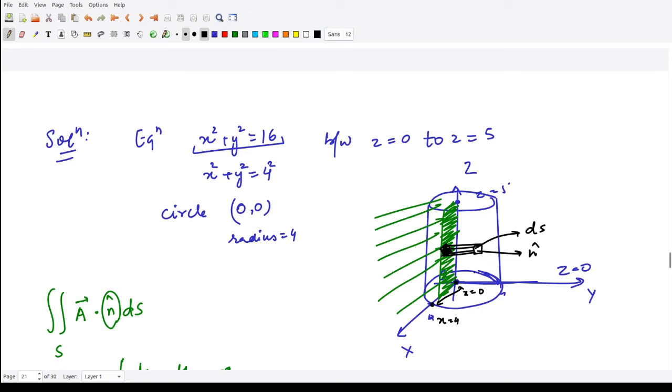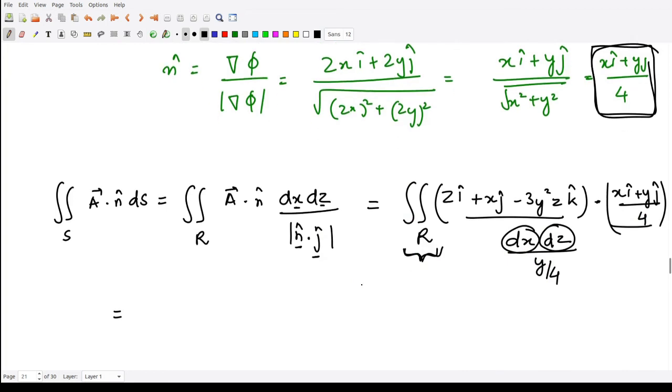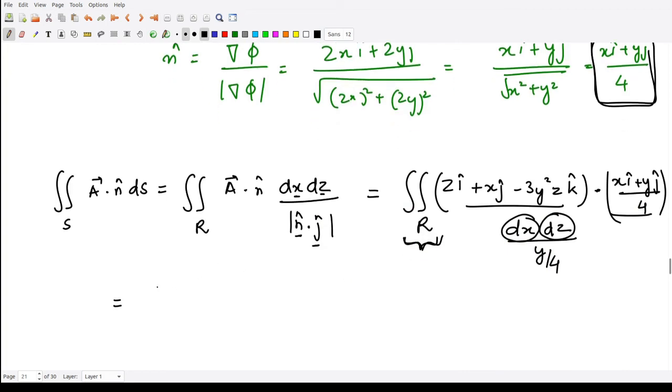And we are to see the value of z in moving from here to here. So z is equal to 0 here, and z is equal to 5 here. This is given in the question itself. So we got our limits here. So the limits for z are 0 to 5, and the limits of x are 0 to 4.